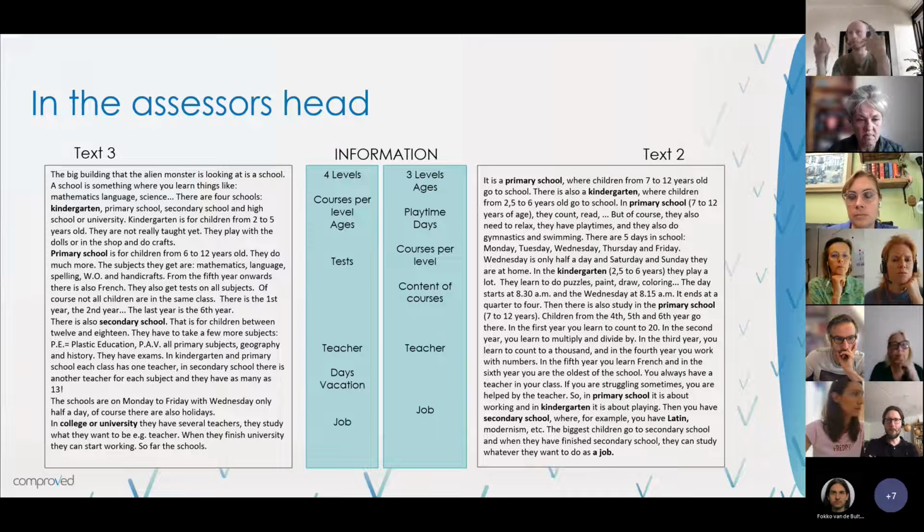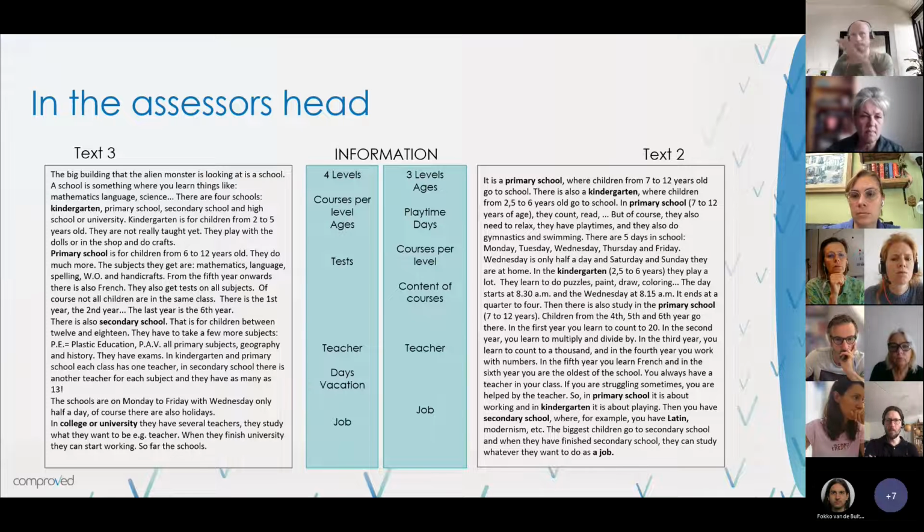So we have to look at another thing. If I go to the right, I see text 2 is talking about primary school, kindergarten, primary, kindergarten, primary, kindergarten, secondary. Then I go to the left-hand side, and I see an alinea on kindergarten, an alinea on primary, an alinea on secondary, an alinea on college and university.